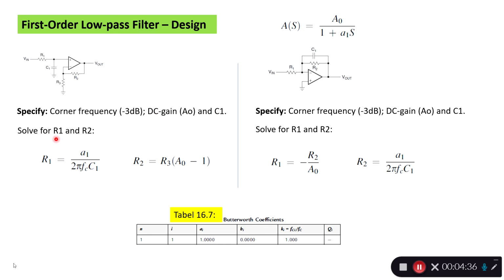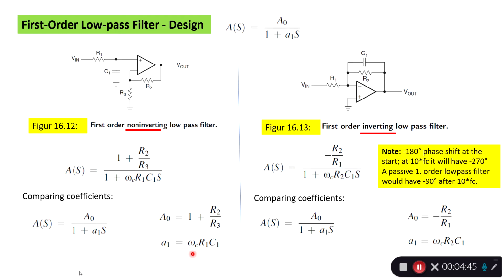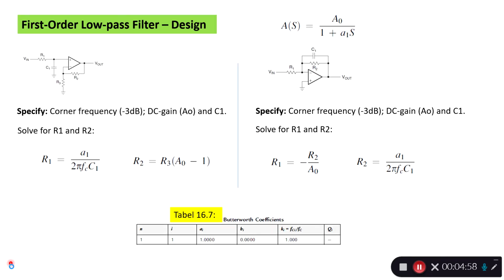Then we solve for R1 and R2. We have already found that by solving, let's go back, these equations here. We can solve for R1 and we can solve for R2 here when we know the capacitor.